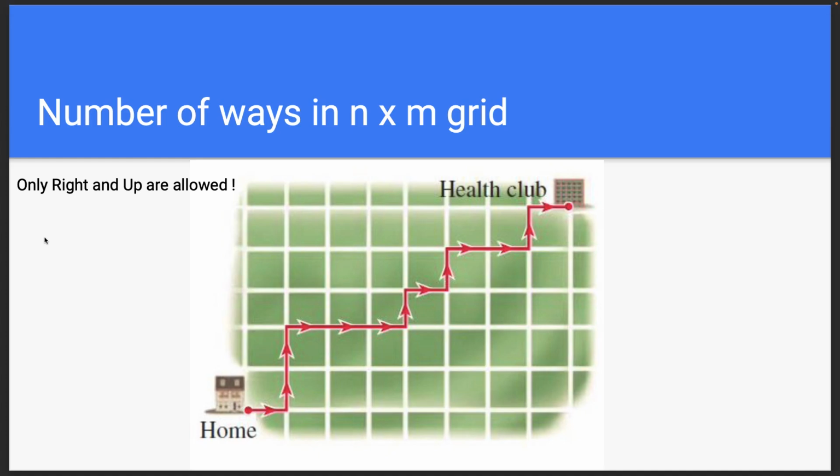So it's similar to which problem that we saw recently? The toss coin. The toss coin. Yeah, exactly.